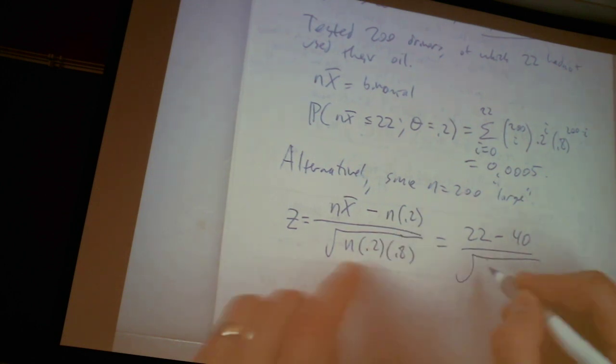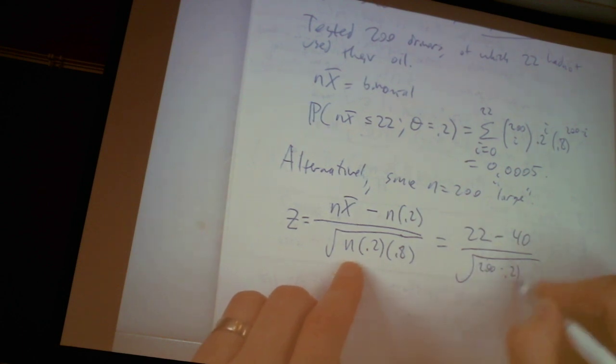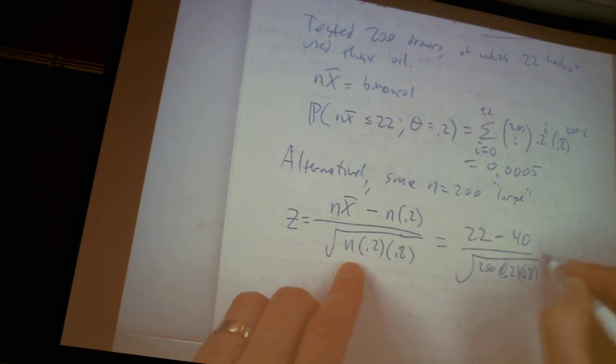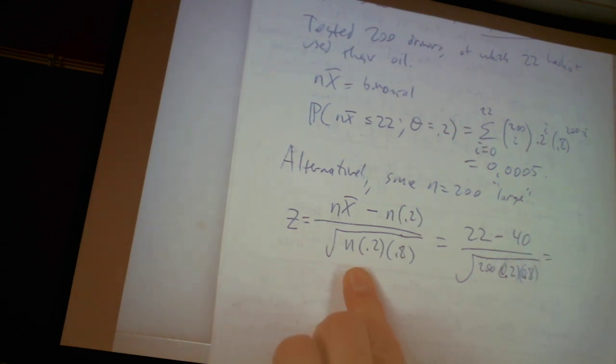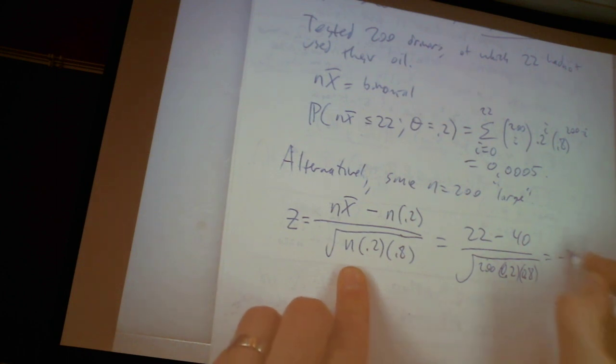Divided by the square root of 200 times 0.2 times 0.8. That comes out to negative 3.18 on your calculator.